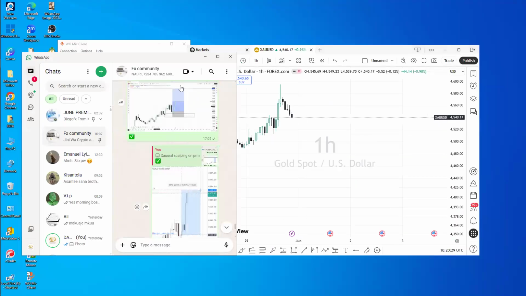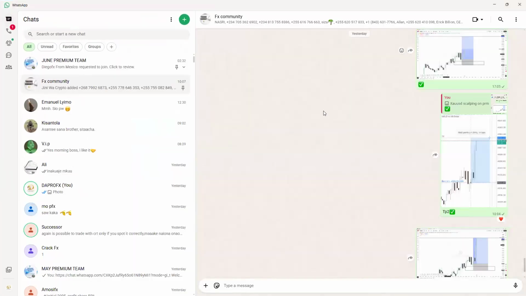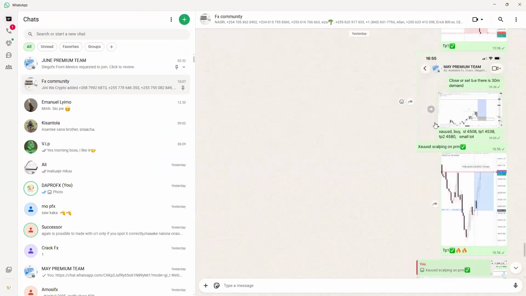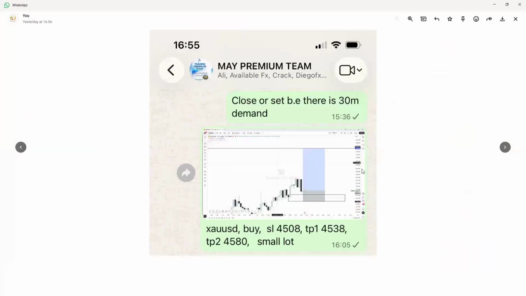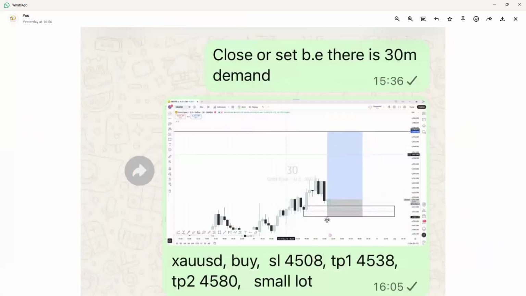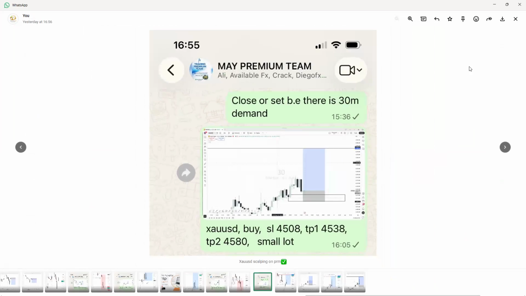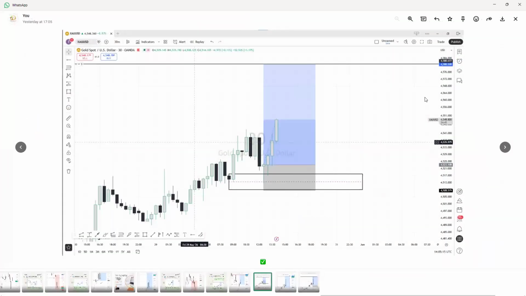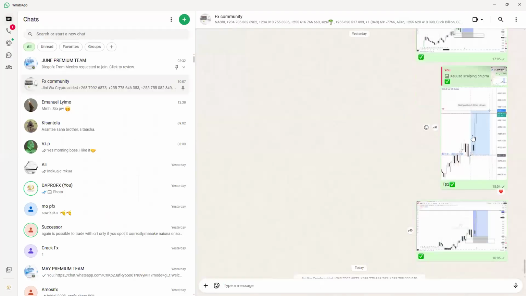Okay, so here in community, we took a long position on gold on Friday. You can see price mitigate that terminated demand, reject well, we enter, execute long position, and you can see the whole progress, and that is when it reaches 50% of our target, and that is final.